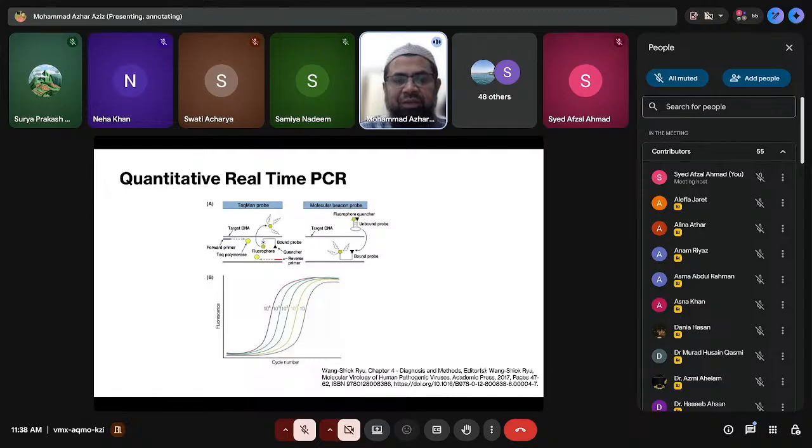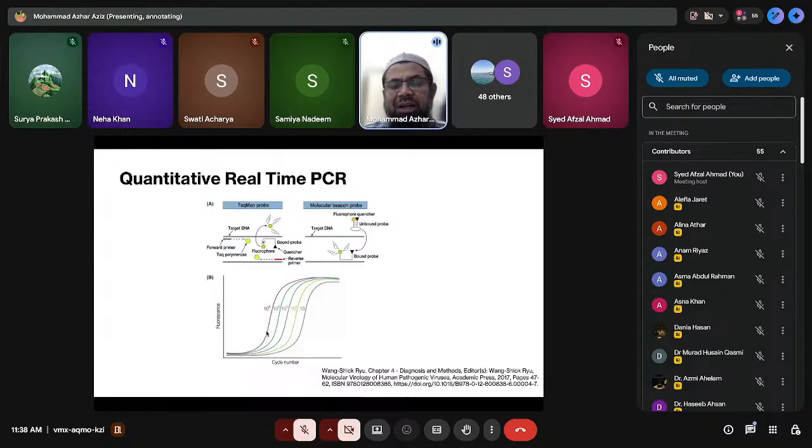We can use different chemistries: there is the TaqMan probe, there's molecular beacon, and there is a simple one called SYBR Green. SYBR Green is a dye that just binds to double-stranded DNA, whereas TaqMan probe and molecular beacon are very specific for your DNA. And when they bind, they also emit signals, light, which is recorded.